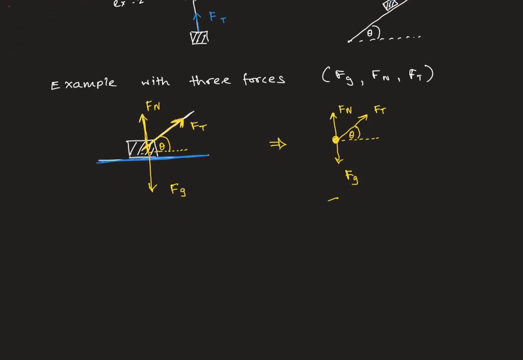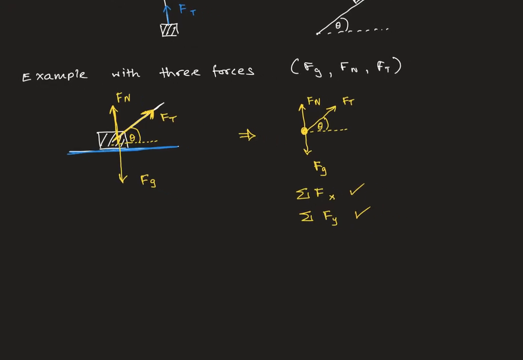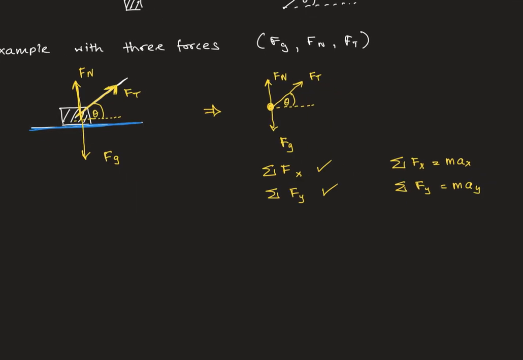At a point like this, you should be able to take sum of Fx and also sum of Fy, and set them equal: sum of Fx equals mass times Ax, and sum of Fy equals mass times Ay. If the mass and all the forces are given to us, we should be able to find the accelerations.